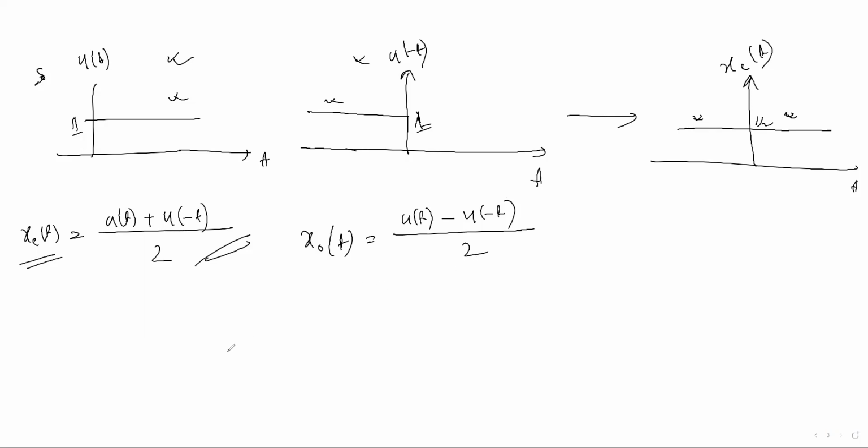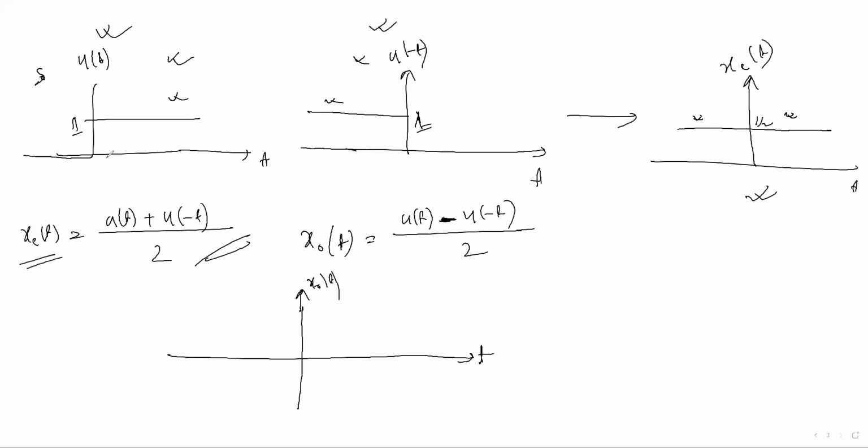Let me explain directly here, no need to give the equation. So what happened now? In this one it was plus only, but here we should do minus, meaning u of t minus this signal.